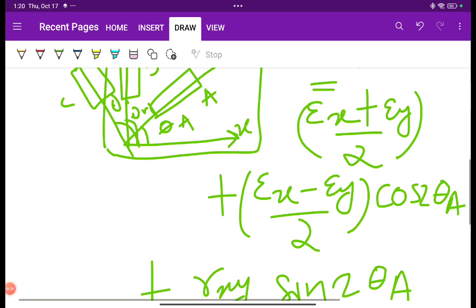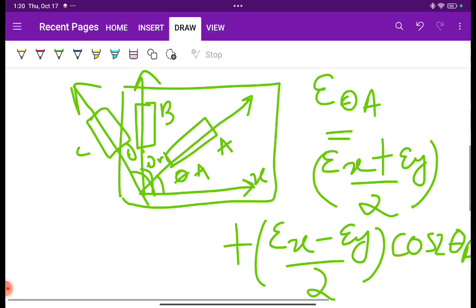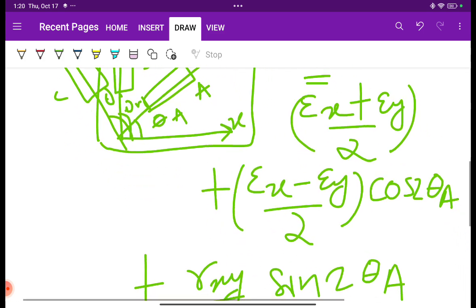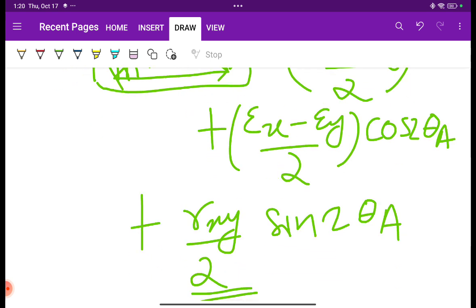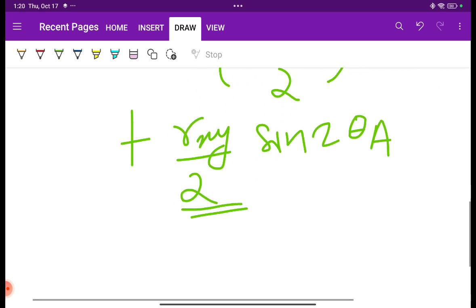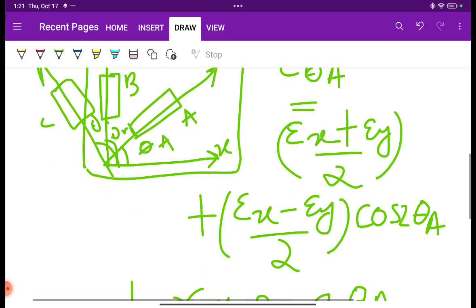So the strain at angle theta A is epsilon x plus epsilon y over 2, plus epsilon x minus epsilon y over 2 into cos 2 theta A, plus gamma xy over 2 into sin 2 theta A. So the angle is with respect to the strain gauge in this case.